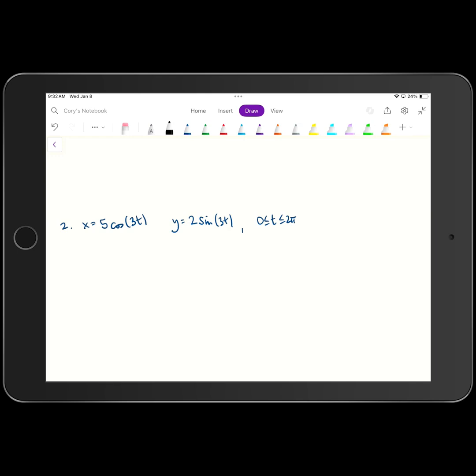So here we have x is equal to 5 times the cosine of 3t, y is equal to 2 times the sine of 3t, and again, we are looking at this on the closed interval from 0 to 2 pi. I want you guys to try this one on your own. So go ahead and pause the video, work through this one entirely on your own, and then we'll come back and work on it together.